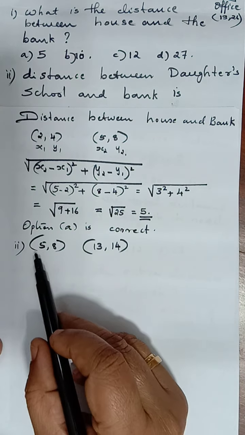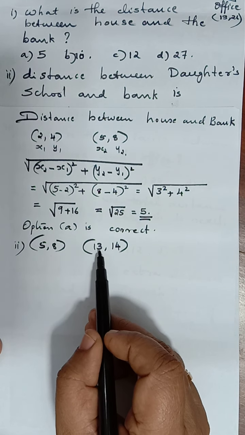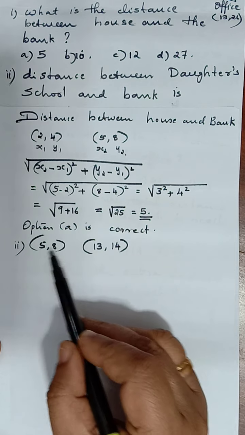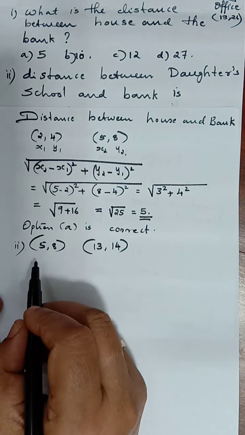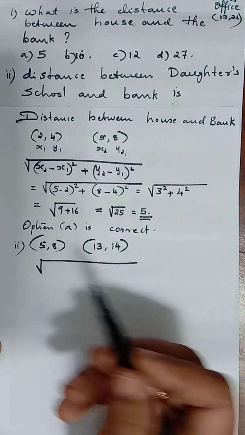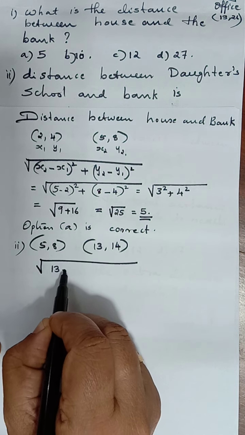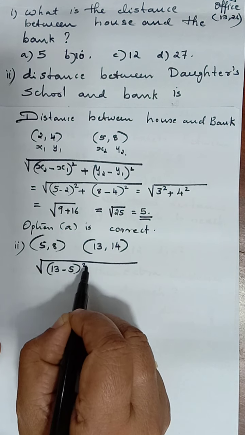If you are taking x1, y1 this one, it can be x2, y2 here. Or otherwise, here you can take it as x1, y1, x2, y2. There is no problem in choosing. So, as you like, you can choose. So let us choose x1, y1, x2, y2. So, when you take this square, it will be correct.